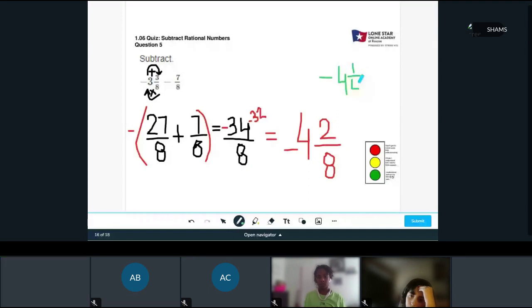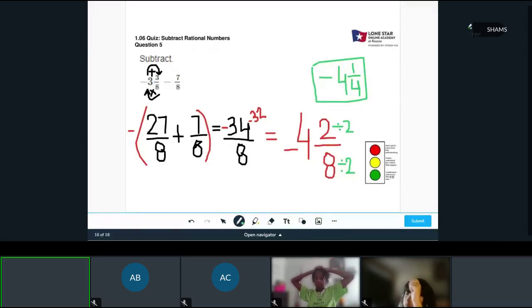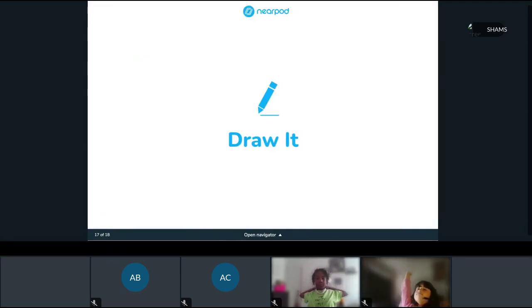How? You are dividing the 2 and the 8 by 2. That is how it becomes 1/4. And this then should be your final answer. Any questions? One more part of question 5 we will do, and here it is.